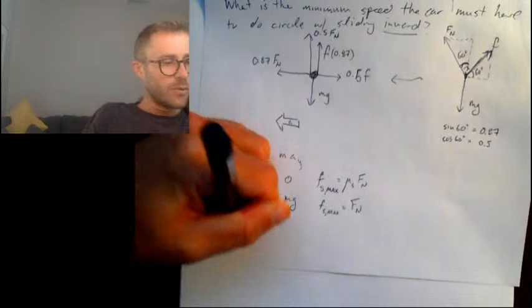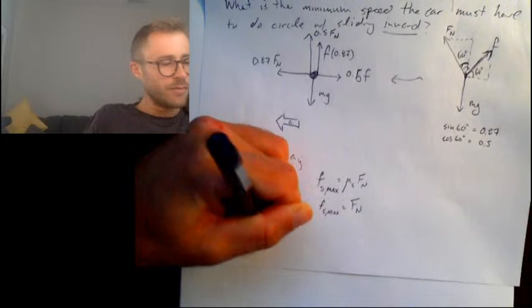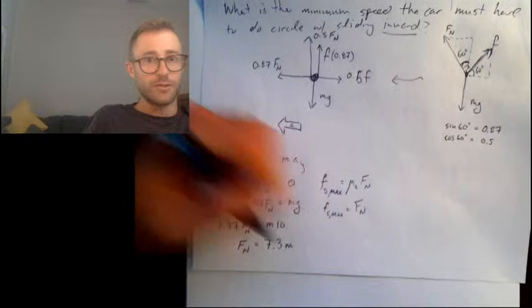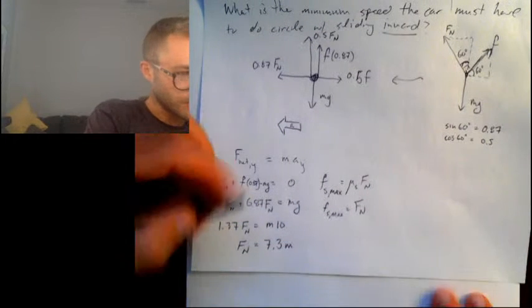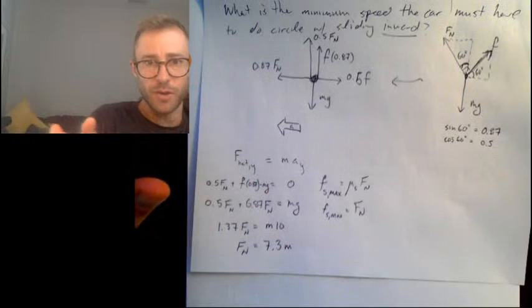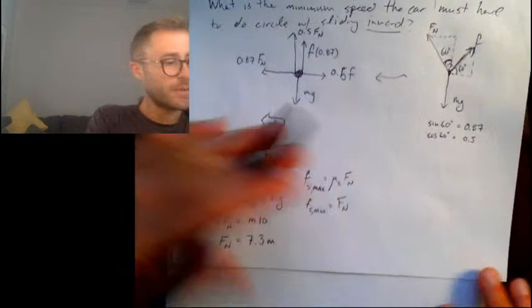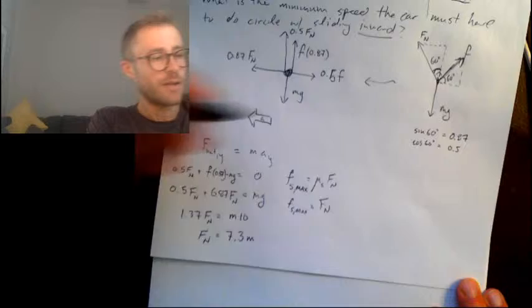The normal force is 7.3 times the mass. The mass is going to cancel out. That's why I haven't given you the mass yet.